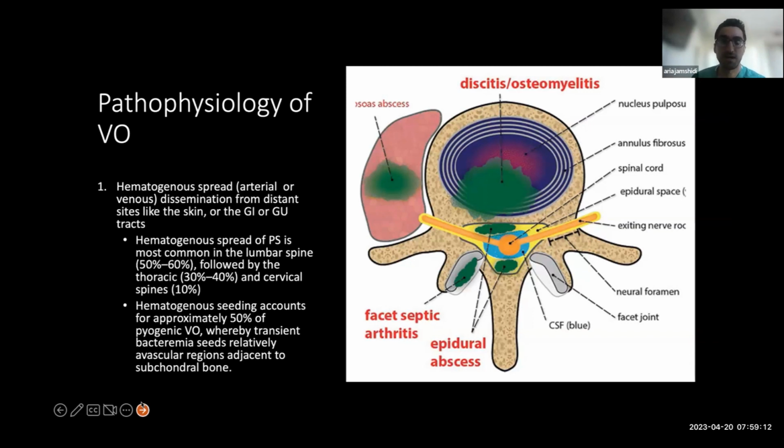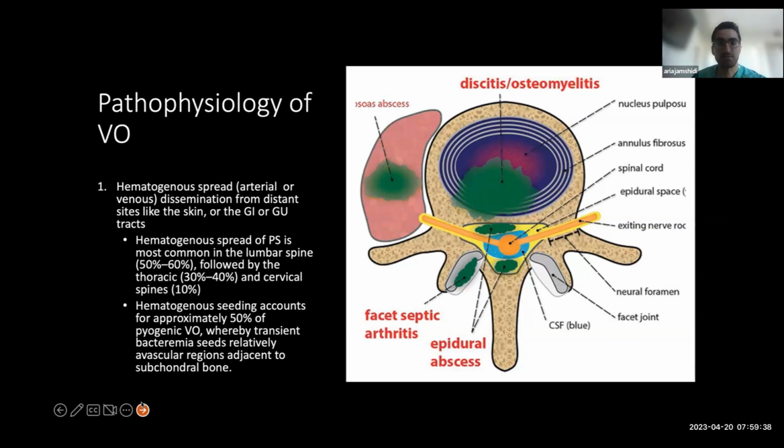In terms of hematogenous spread, this dissemination can occur from distant sites like the skin or the GI or the GU tract. And it most commonly goes to the lumbar spine, followed by the thoracic and cervical spines. Hematogenous spread accounts for approximately 50%, so over half, of cases of pyogenic vertebral osteomyelitis.